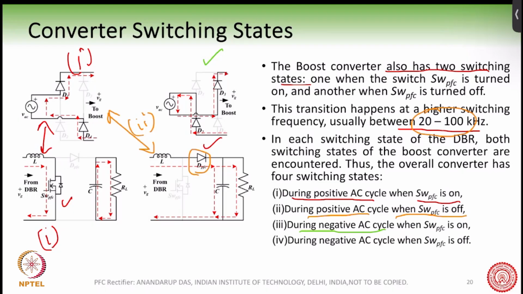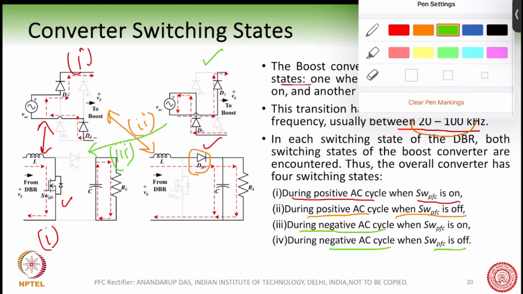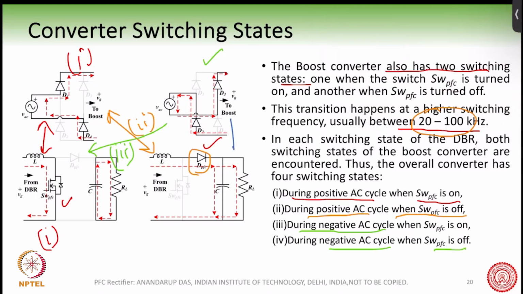If the switch is on, then we say this is the third condition. And then we have the fourth condition where in the negative AC cycle, SWPFC is off and DPFC is on.